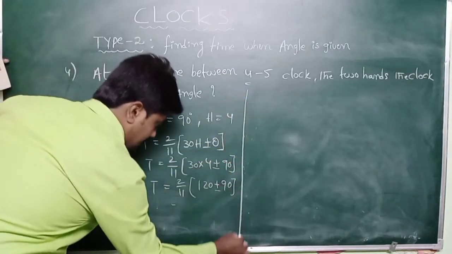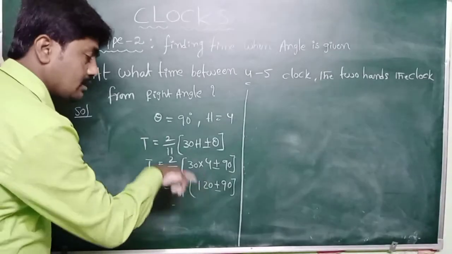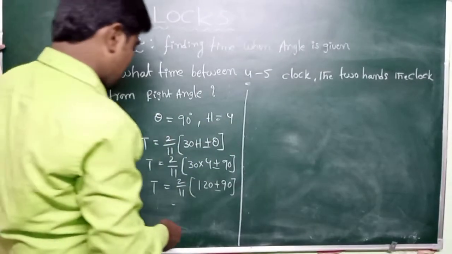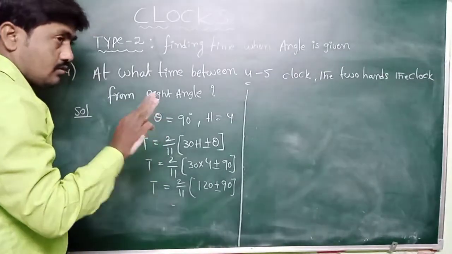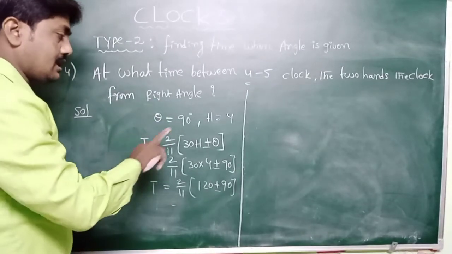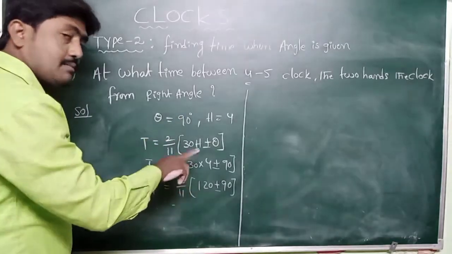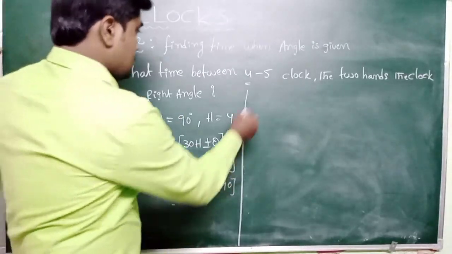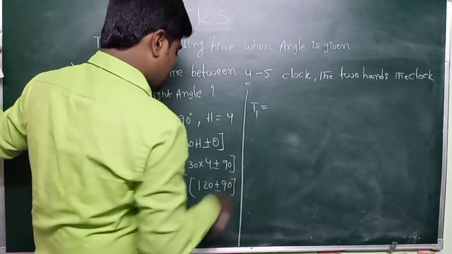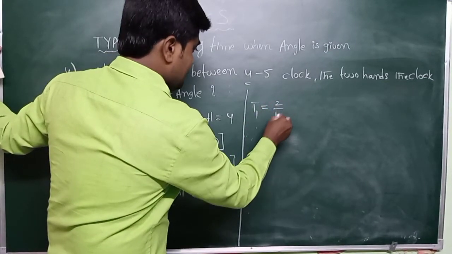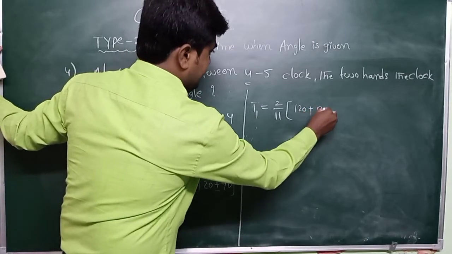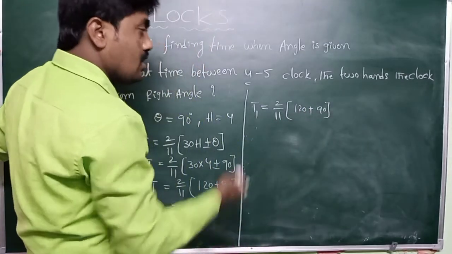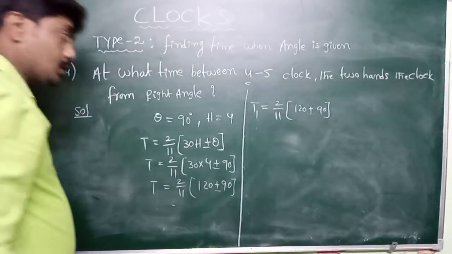What are the possible timings here? You can take the plus value and the negative value, no problem. Sometimes two options are given, sometimes one option. Check plus and minus also. T1 is equal to 2 by 11 into (120 plus 90), which is 210.